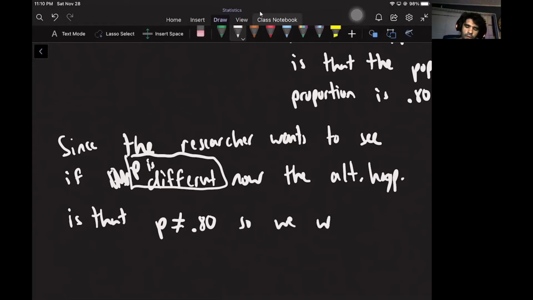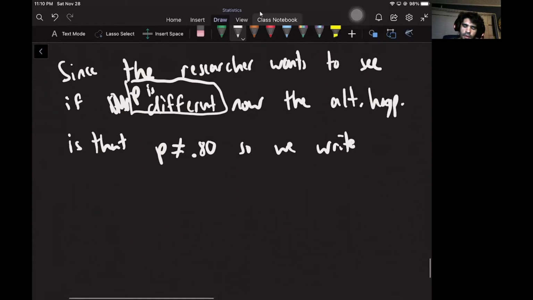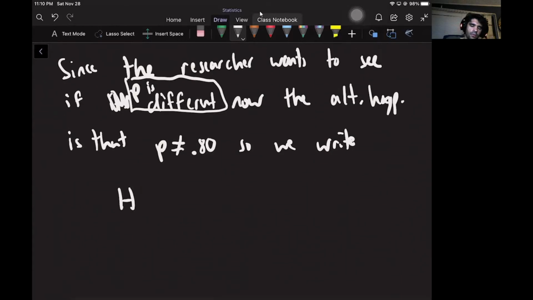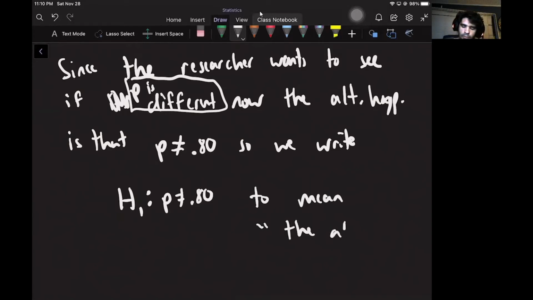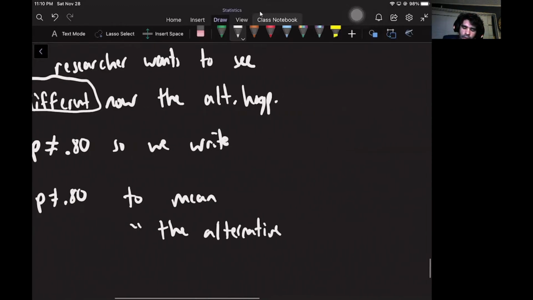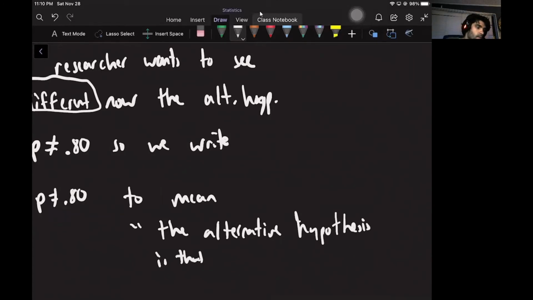So all we got to do to write our alternative hypothesis is H1 colon, and then we just write what I just wrote. P is not 0.80. So again, this really means a lot more. It really means that the alternative hypothesis for the researcher is that P is not 0.80 anymore.